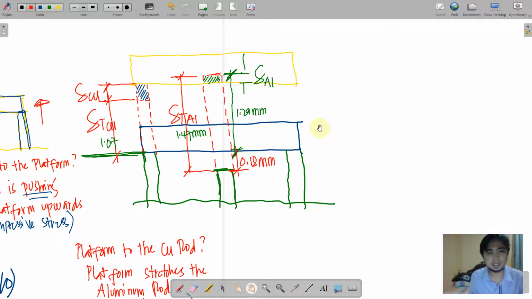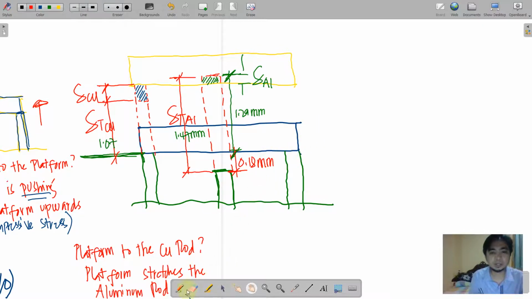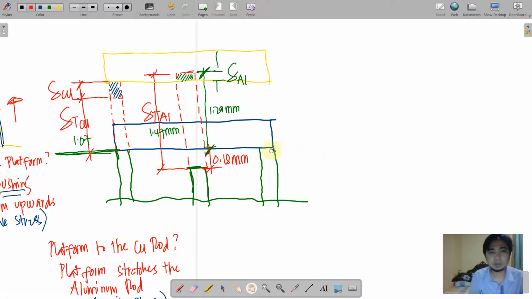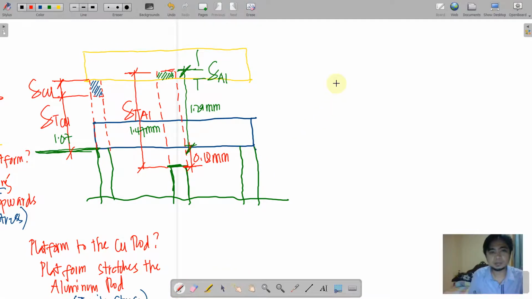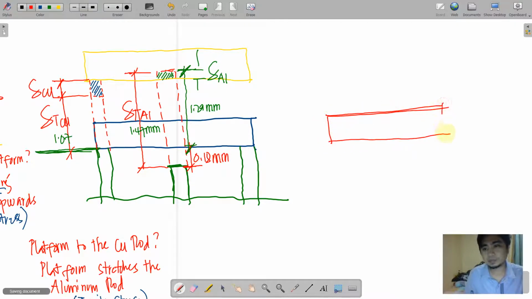So in this case, the direction of our action is only upwards. So we will just have to apply a dimensional relationship between those deformations. So let us try to redraw our illustration. Okay? Say this is the platform initially.